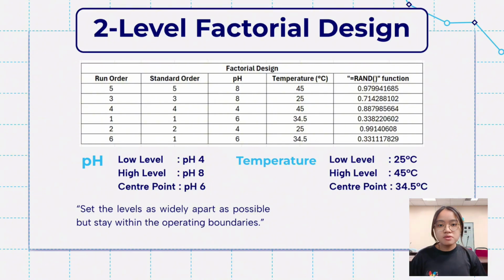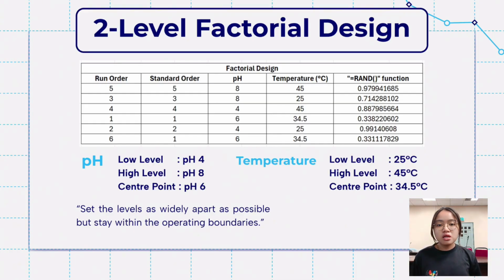In this example, 2 factors are studied, which are the pH and temperature. Each factor has a low and a high level. While deciding, the levels can be set as widely apart as possible to increase the likelihood of an effect, but we have to stay within the operating boundaries.